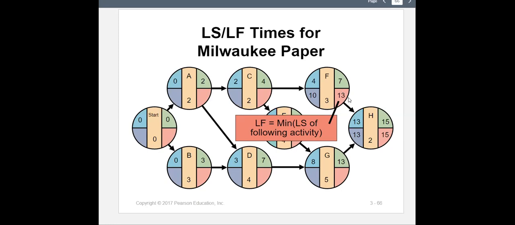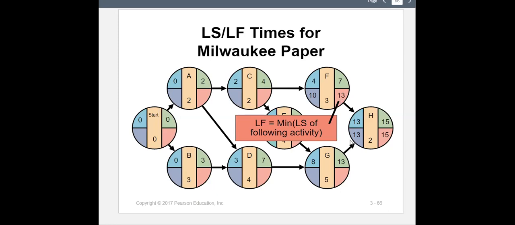So 13 goes as the latest finish of F, because that's the maximum time it takes to start H, right? That's the amount of time you have for F, because H is only dependent on F. So F has more flexibility. It can last up to 13 weeks to finish.